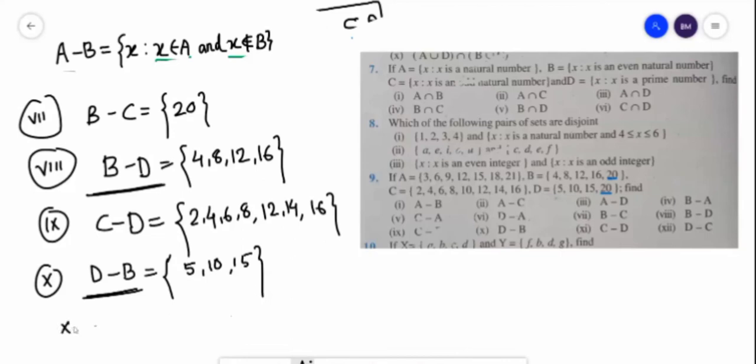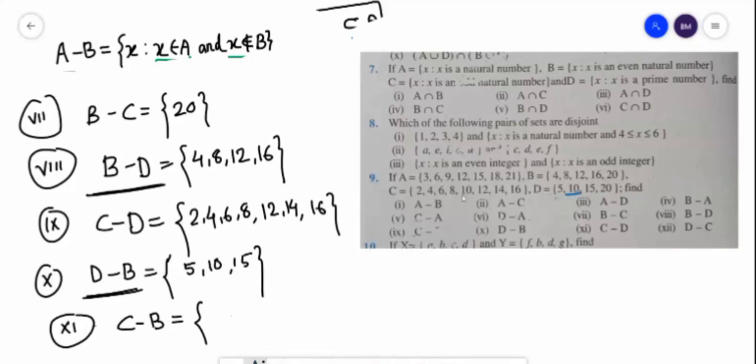Number 11, C minus B. Already we found C minus D, so we will find C minus B here. First, the C and D common element is 10.